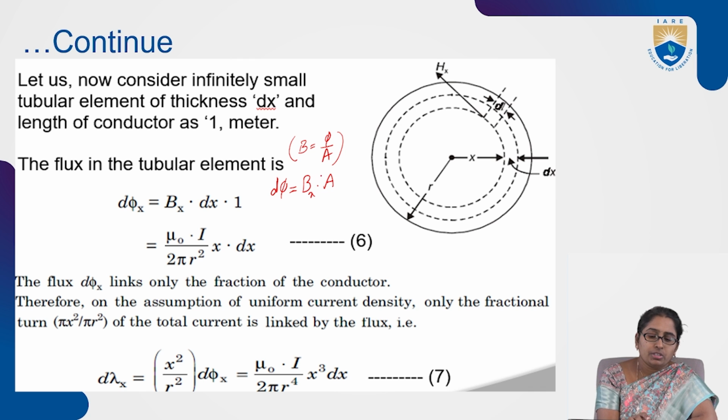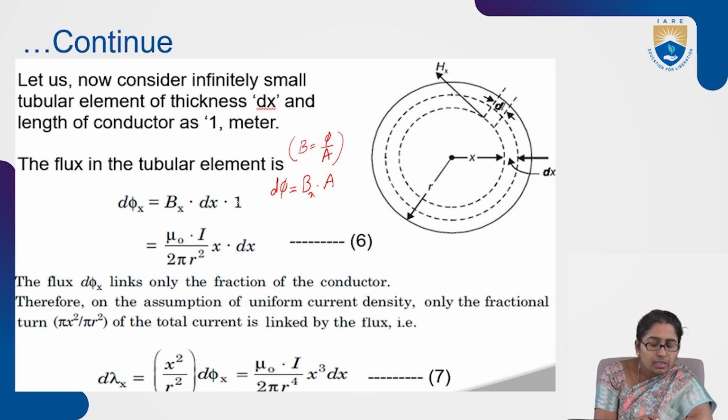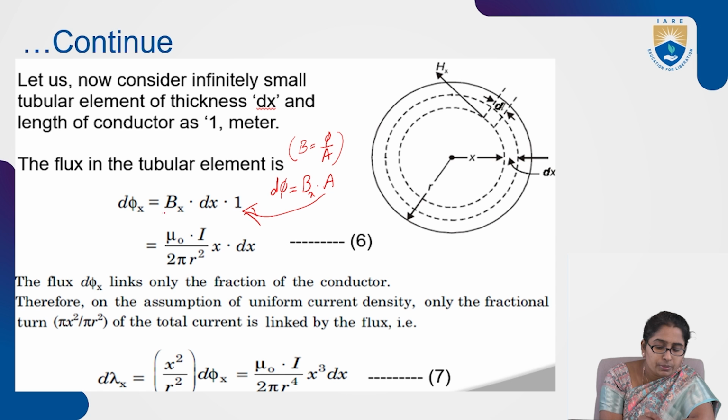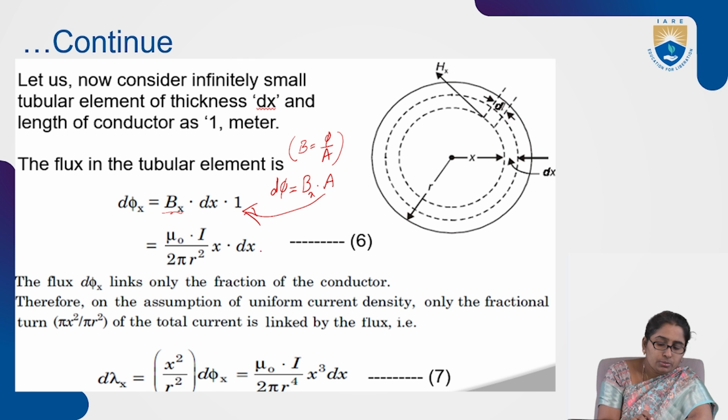So the flux in the specific tubular element whose thickness is dx is d phi x equals Bx into A, where A, the area of cross section of the tubular element, is written as dx into 1, since the length of the conductor is taken as 1. Substituting for Bx, we know that it is mu naught I by 2 pi r square x into dx.